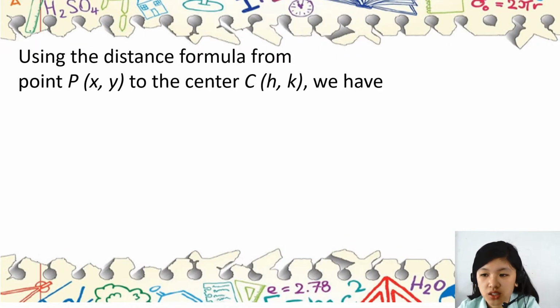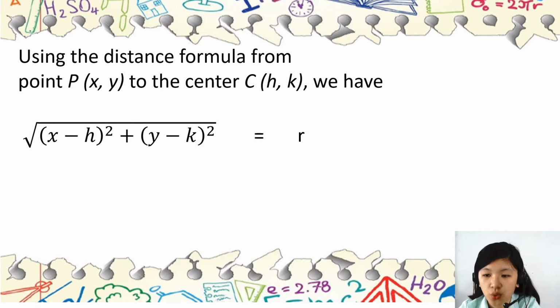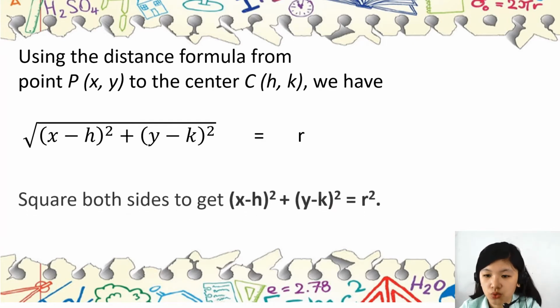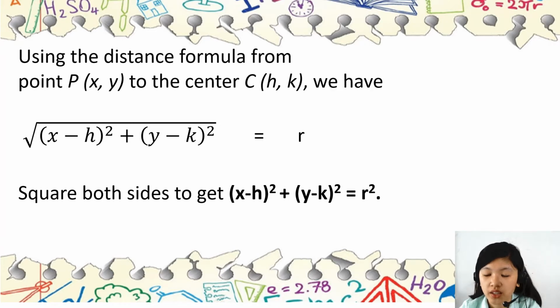So using the distance formula from point x and y to the center h and k, we have the square root of (x minus h) squared plus (y minus k) squared equals r. Square both sides to get (x minus h) squared plus (y minus k) squared equals r squared.